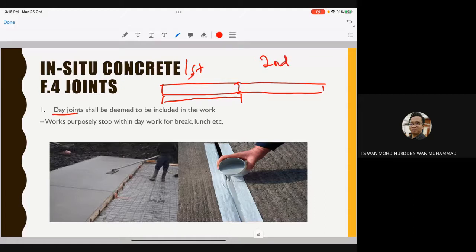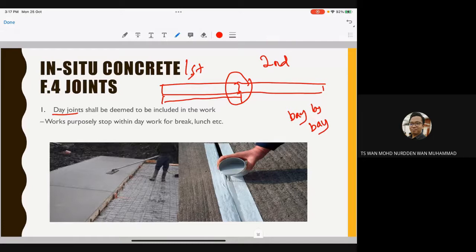Antara first day dengan second day, kita tak boleh nak buat semua all at once. So kita kena buat bay by bay, secara satu bahagian dengan satu bahagian. So between the bay kat ujung ni, kita akan letakkan some kind of material yang kita panggil sebagai joints lah.